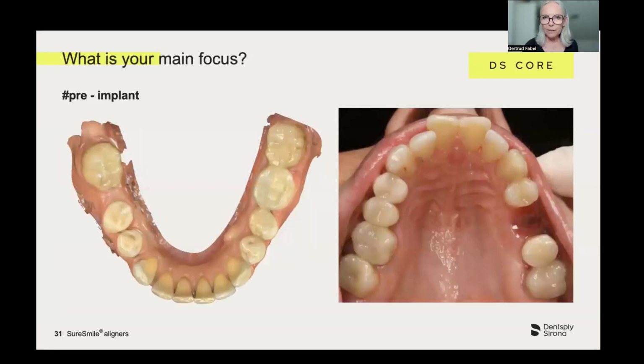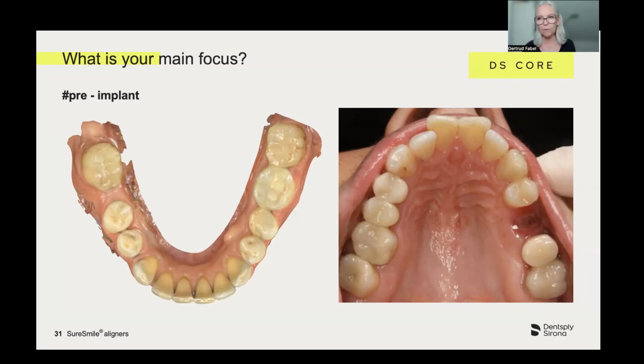Well, but what if your practice has a surgical focus? When your focus is implantology, the vast majority of implants are needed for single tooth gaps.